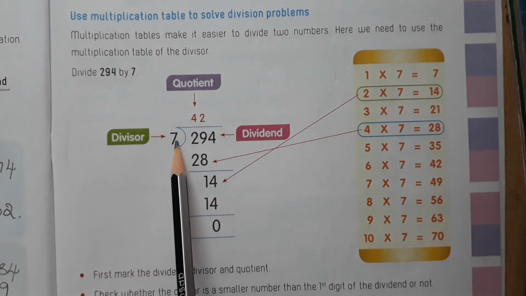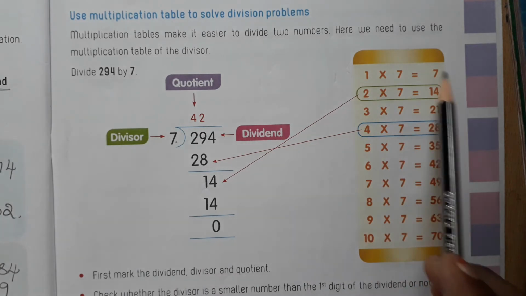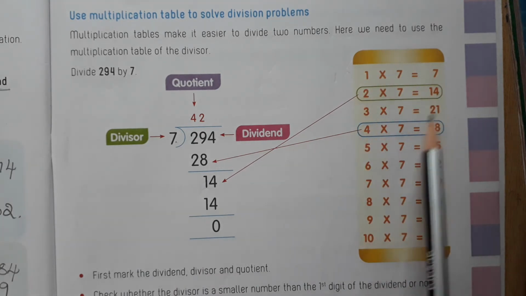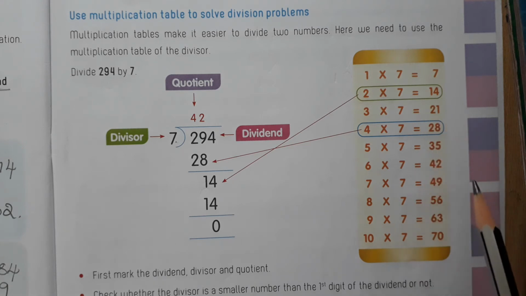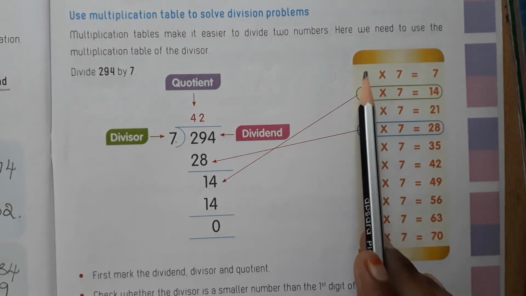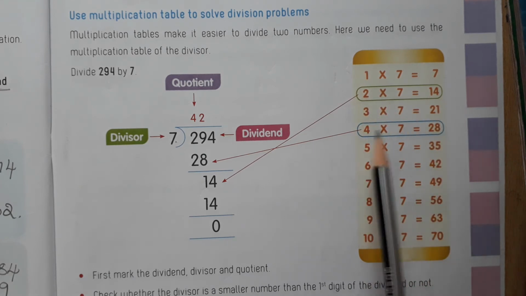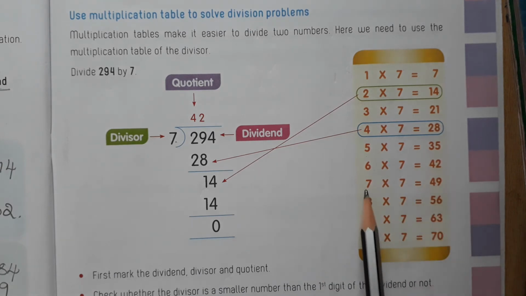Here they wrote the 7 table: 1 7 is 7, 2 7s are 14, 3 7s are 21, 4 7s are 28, 5 7s are 35, 6 7s are 42, 7 7s are 49, 8 7s are 56, 9 7s are 63, 10 7s are 70.